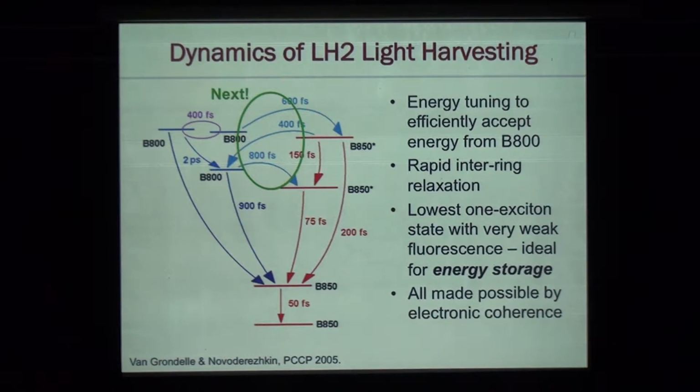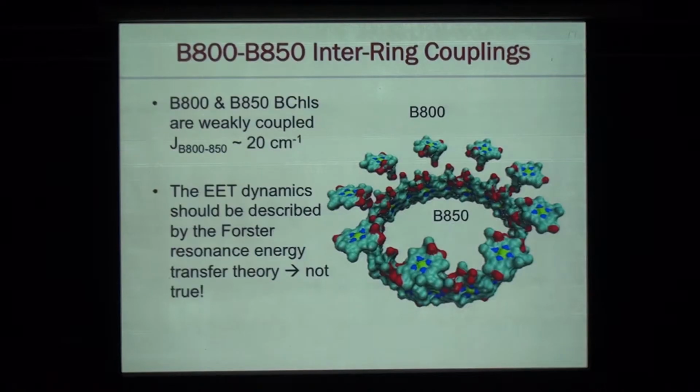Okay, this B800 to B850 energy transfer rate is also very rapid, and that's actually remarkable, because if you look at the coupling between B800 and B850, the coupling is around 20 wavenumbers. It's an order of magnitude smaller than the B850 coupling. With such small coupling, people tend to think this energy transfer dynamics can be described by the so-called Förster resonance energy transfer theory rate approach.